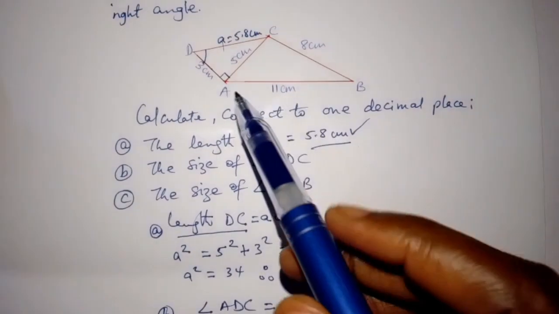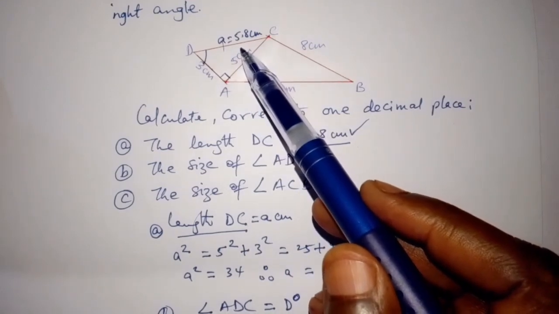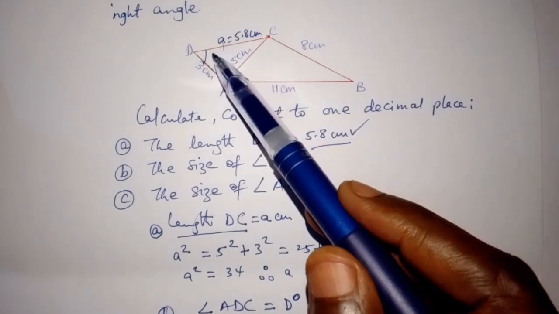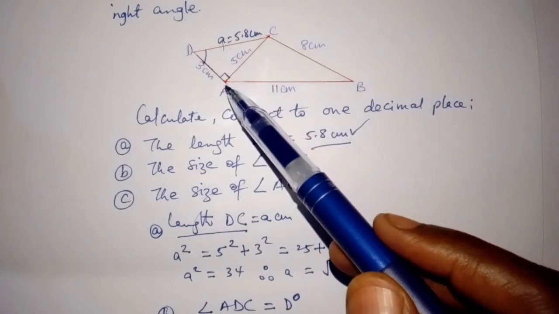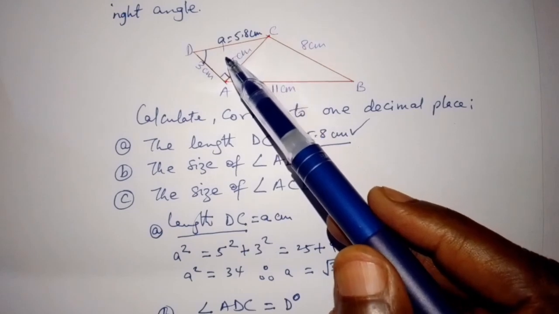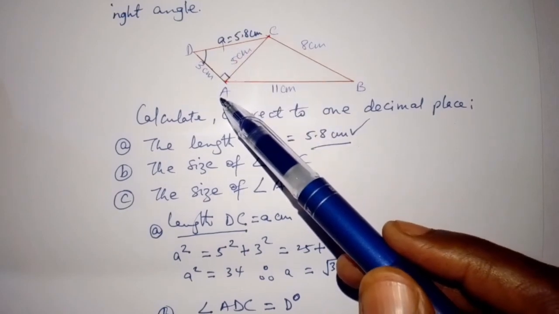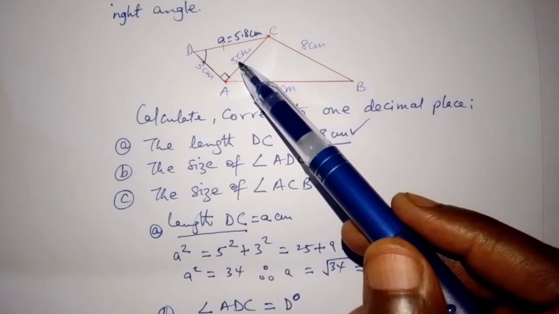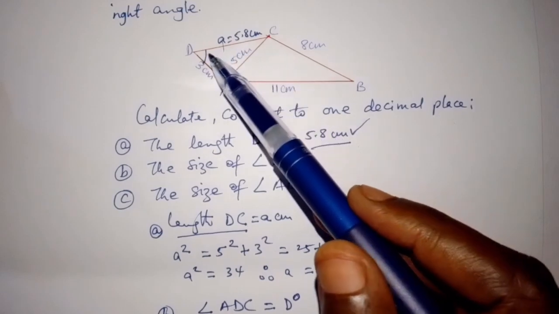this is 5.8. The sine rule is that this is the opposite angle here. We say that 5.8 over the sine of the opposite angle is equal to 5 over the sine of the opposite angle, which is D here.